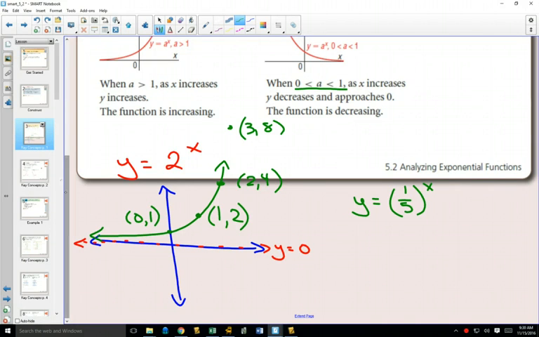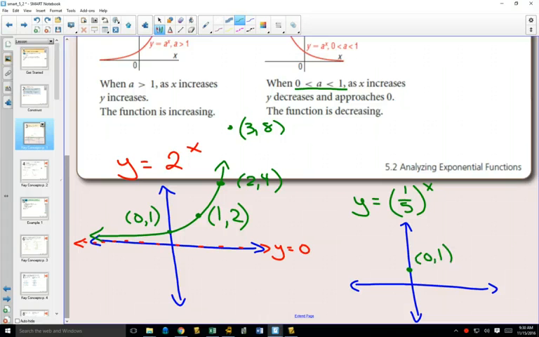If I were to graph y equals 1/5 to the x, again, set up my axes. And no matter what the base is, you will always have (0, 1). That was close, eh?